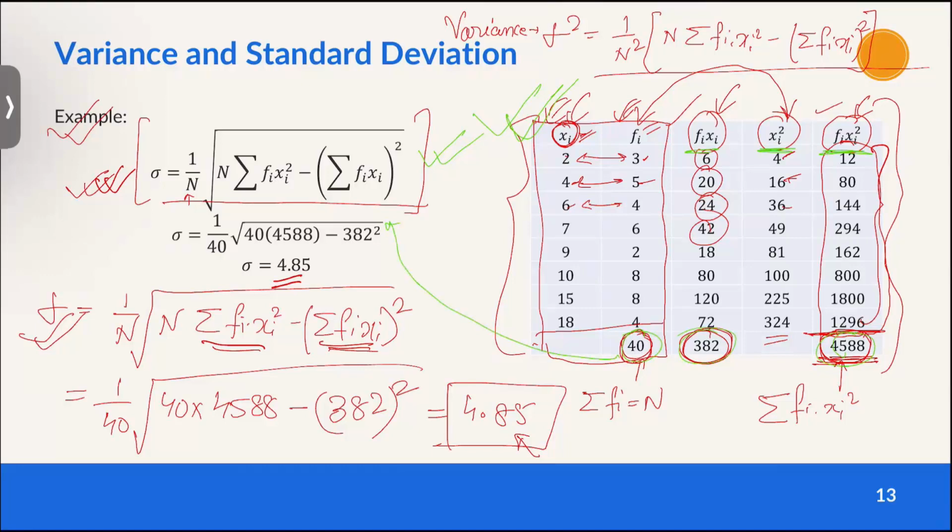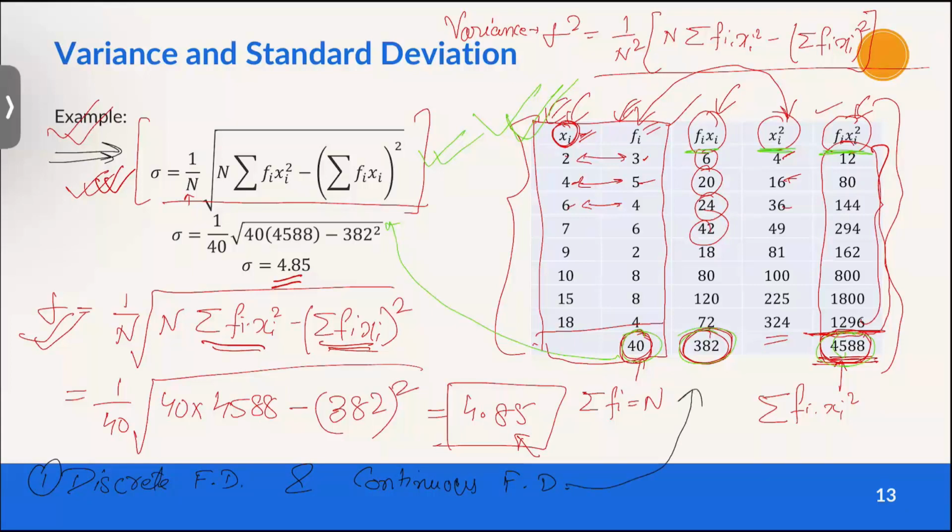Now, one thing which is remaining to tell you is that this formula which we have applied is valid for both discrete frequency distribution and continuous frequency distribution. How will we use it for continuous frequency distribution?